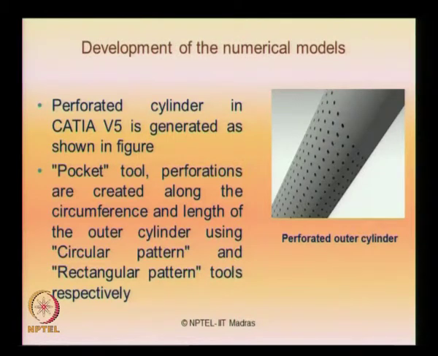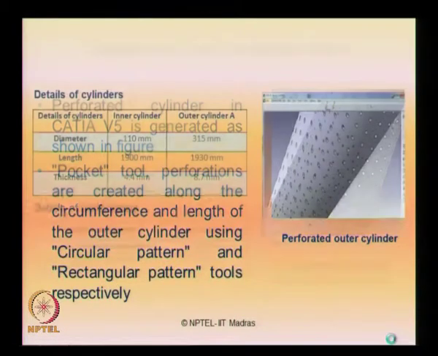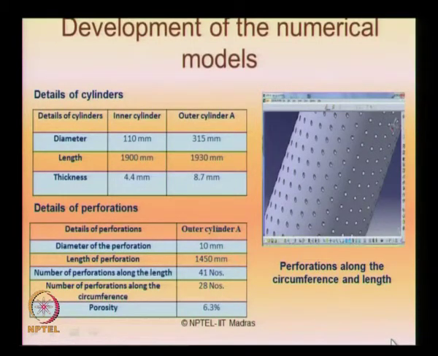The numerical model of a perforated cylinder is developed in CATIA V5 as shown in the figure here. The pocket tool perforations are created along the circumference and the length of the outer cylinder using circular pattern and rectangular pattern tools respectively. The details of the cylinder created in the model numerically are shown here.